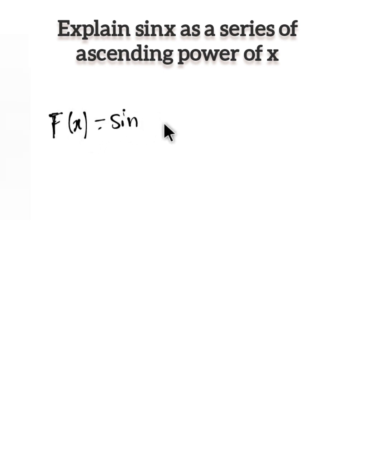Now since this is true, we need to find f of 0. So we're going to substitute 0 in place of x. It becomes sine 0, and sine 0 is equal to 0. Next, we need to find f prime of x. There are two things we need to know.